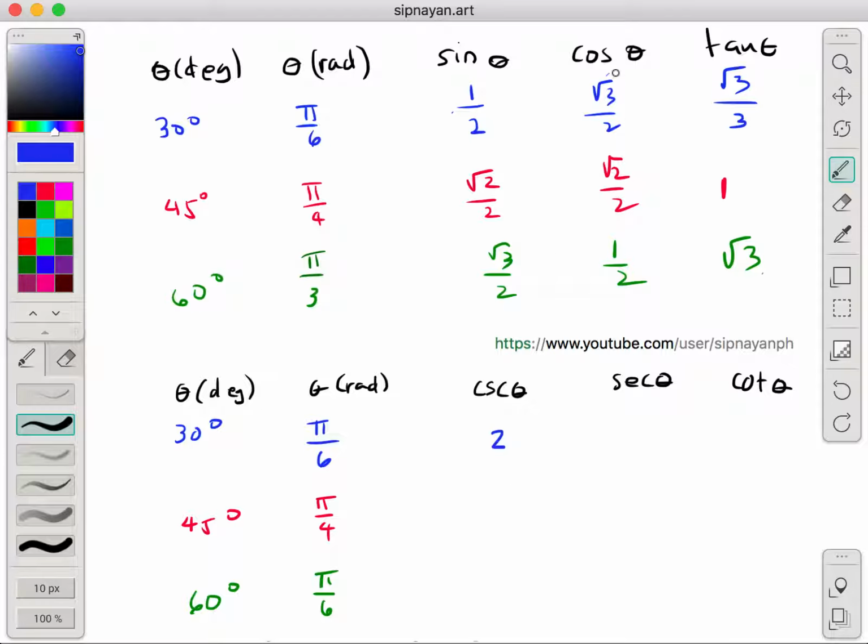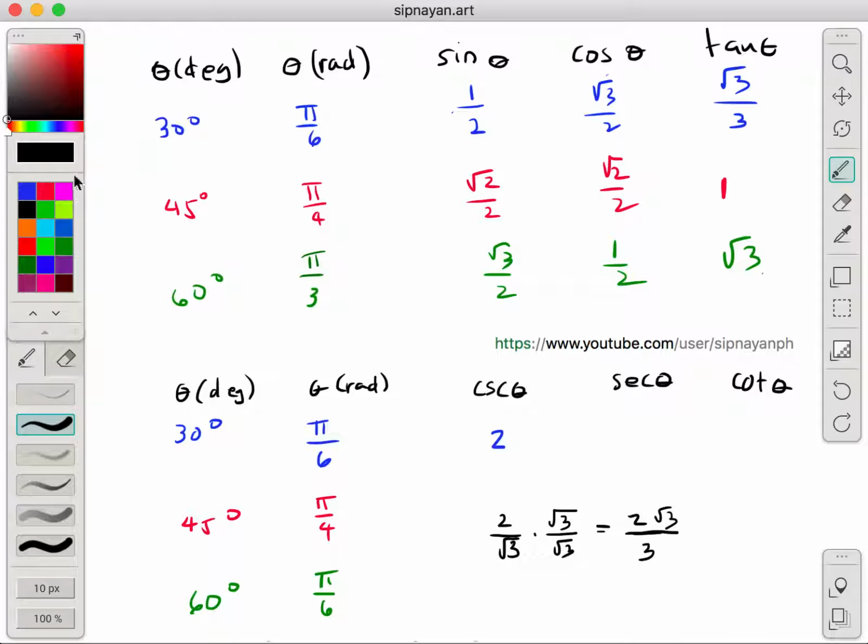Next, the square root of 3 over 2, when we flip it, becomes 2 over square root of 3. And since we don't want a radical in the denominator, we multiply both the numerator and the denominator of the fraction by square root of 3 to remove the square root of 3 at the bottom, because square root of 3 times square root of 3 is 3. Here, 2 times square root of 3 is simply 2 square root of 3.